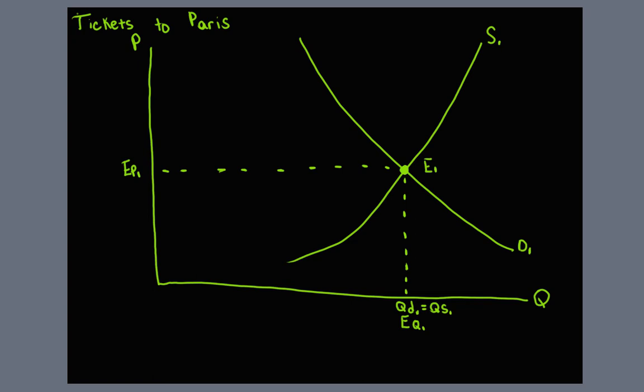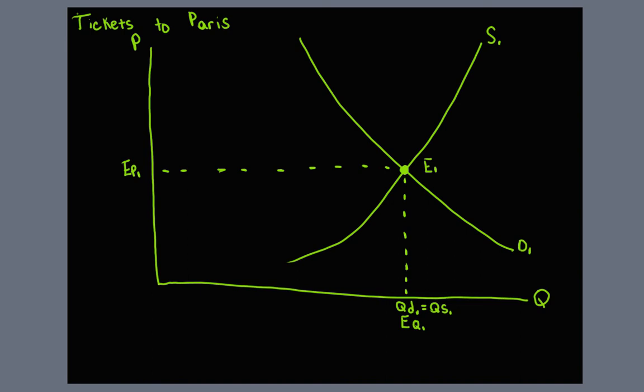And consumers or potential travelers looking at the price of tickets to Paris say, okay, at $400 a ticket, we are willing to purchase 10,000 round trips to Paris. Those two preferences exactly coincide. $400 a ticket, that's the equilibrium price. 10,000 tickets sold is the equilibrium quantity. That is what an equilibrium is.